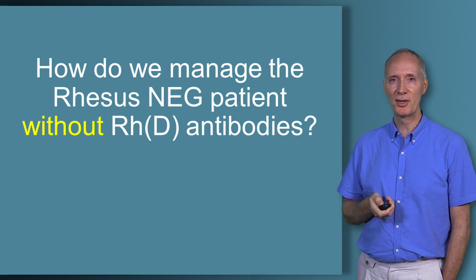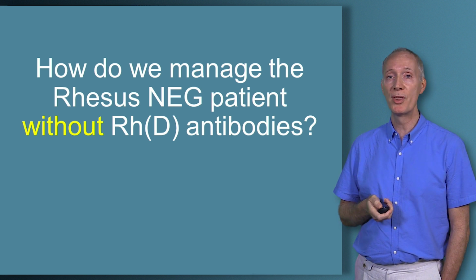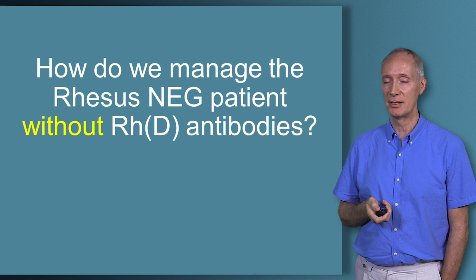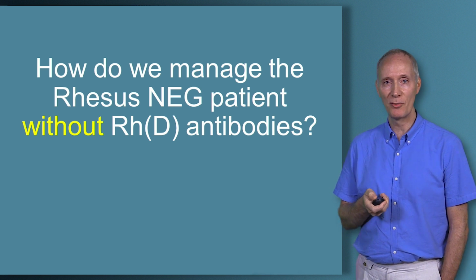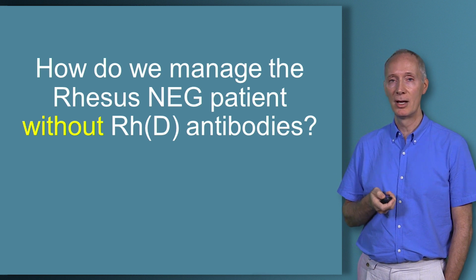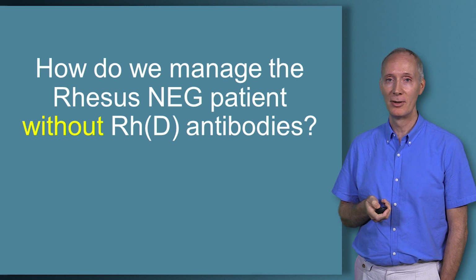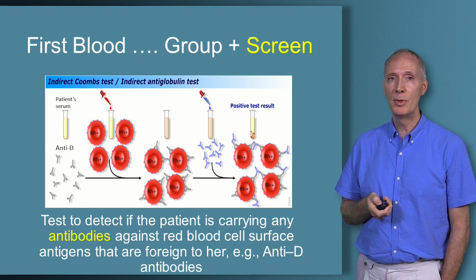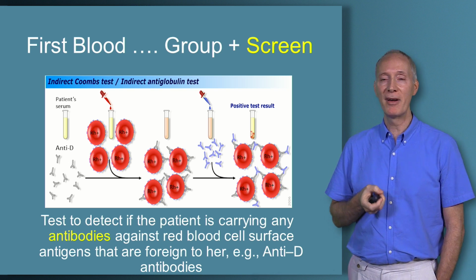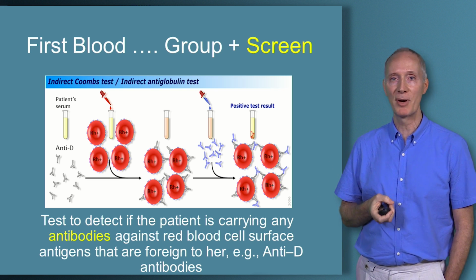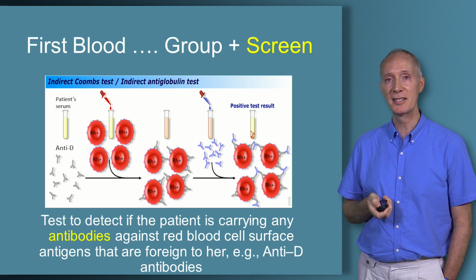So how do we manage the rhesus negative patient without rhesus antibodies? To answer that question, we have to first establish that there are no antibodies present. And how do we do that? We do that by the very first blood test in pregnancy, which is a group and screen.